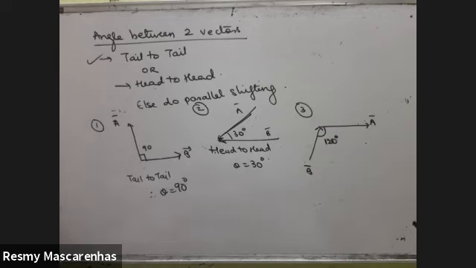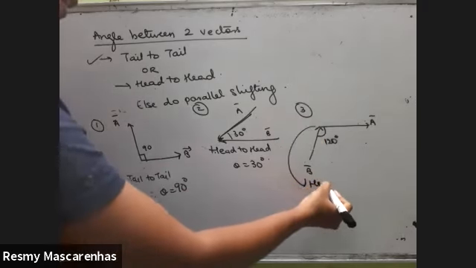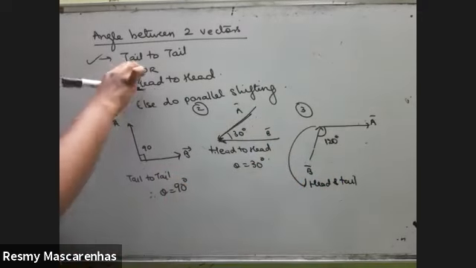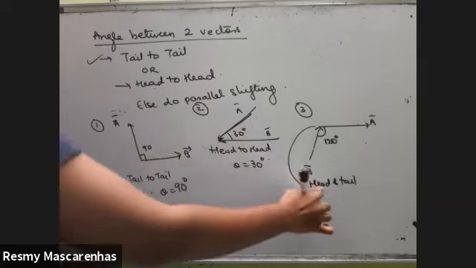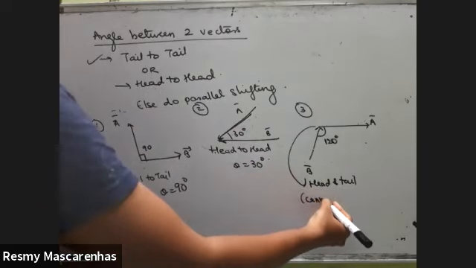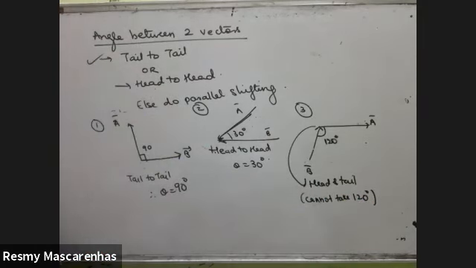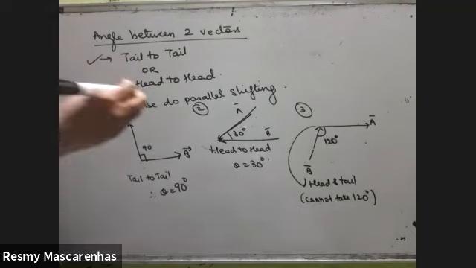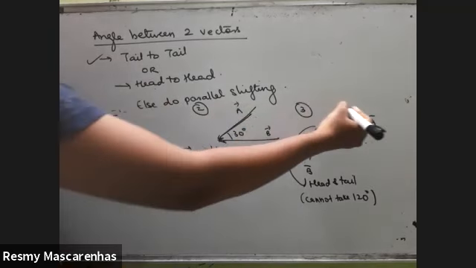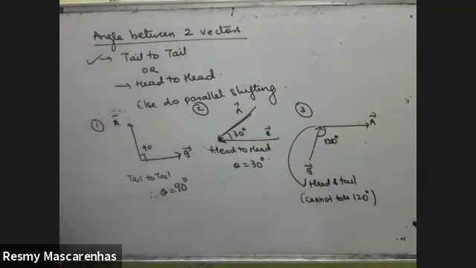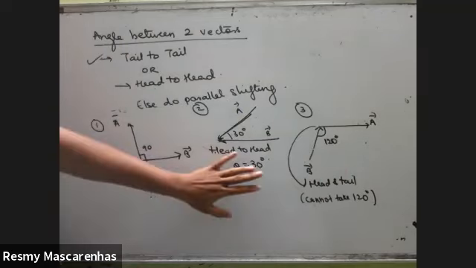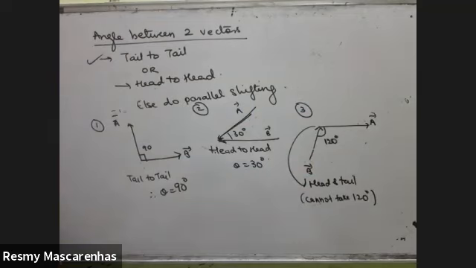No. Here this is a head and tail combination. Either it has to be tail and tail or head to head. So I cannot take 120 degrees. Theta is not equal to 120. If you say the angle between A bar and B bar is 120, then it will be wrong. Just put these arrows. Now what to do? We have to measure the angle between A and B. So we'll use the parallel shifting method.